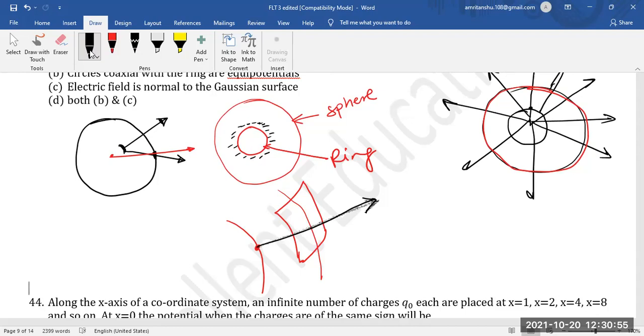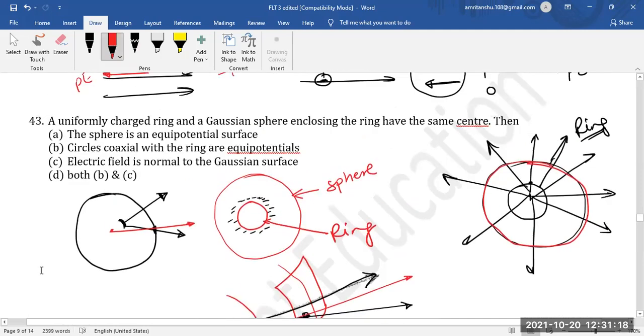But when we come to this part of the surface, then if you see, it's going like this. Now it's no longer normal. You see that? So the electric field will not always be perpendicular, normal to the Gaussian surface. So for this, circles coaxial with the ring are equipotentials.